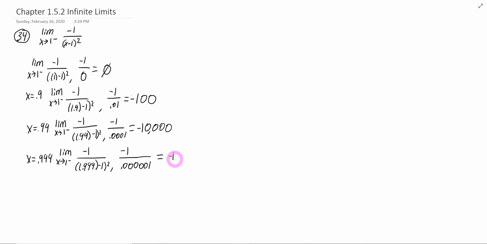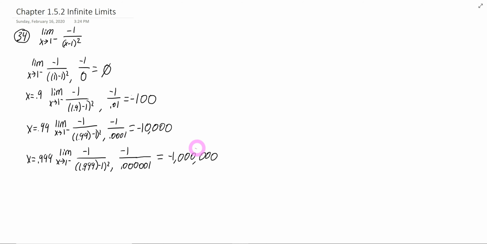So obviously we're looking at some pretty big numbers here. I should say pretty small because they are very negative. So there you go. As we continue to get closer and closer to 1 from the left, we keep getting a result that is more and more negative.